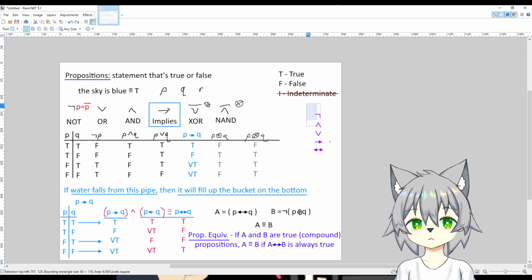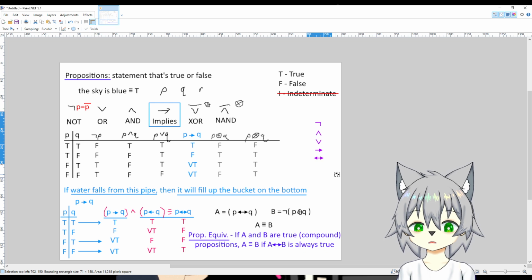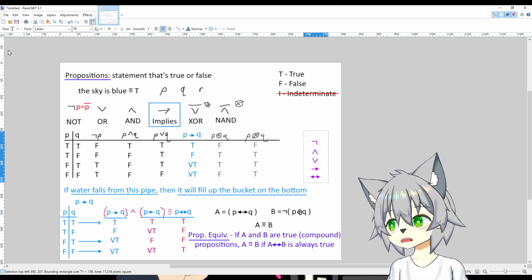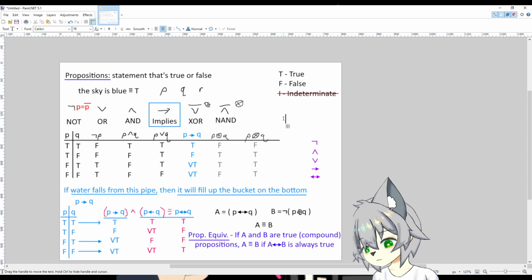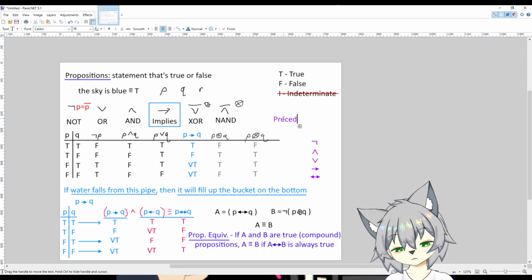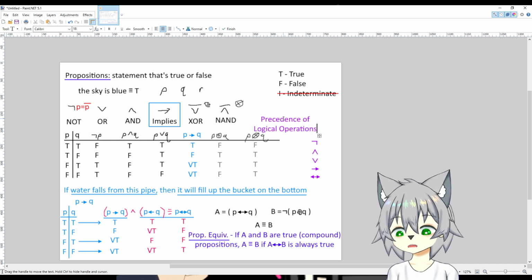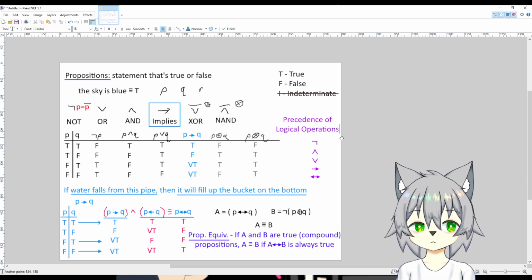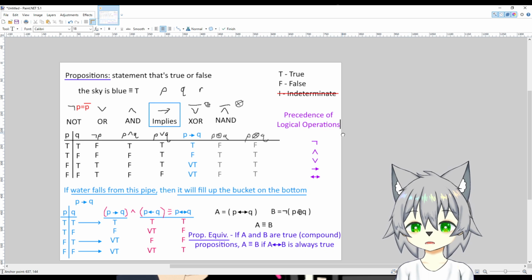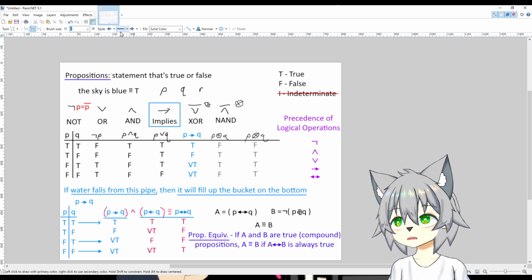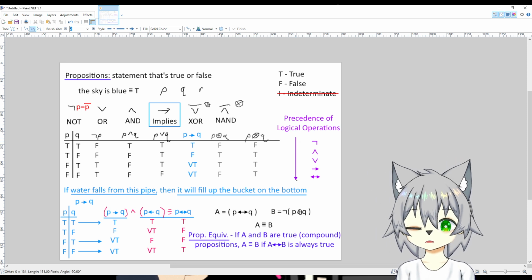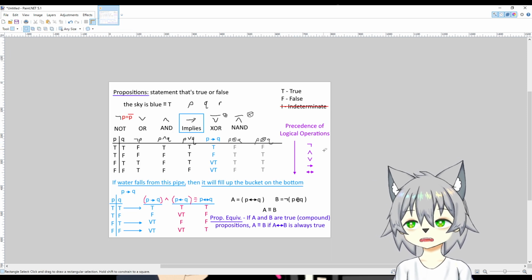Why don't we move that down? Alright. The order of operations, or precedence of logical operations. It goes from top to bottom. Ta-da! So there you go.